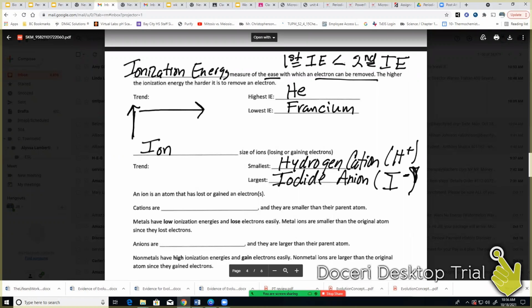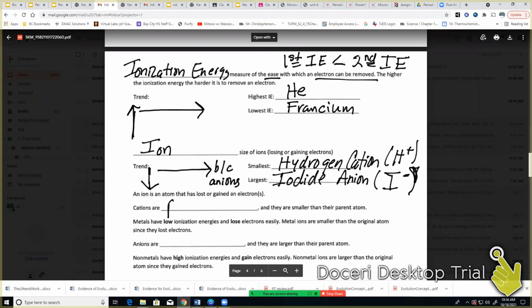So my trend on here is going to be increasing toward my nonmetals, and that's because they form anions. So they gain electrons, so they're gaining something. And then also when they gain the electron, it increases the electron repulsion. And then if we're looking at my metals, it's going to increase down because I'm adding energy levels.